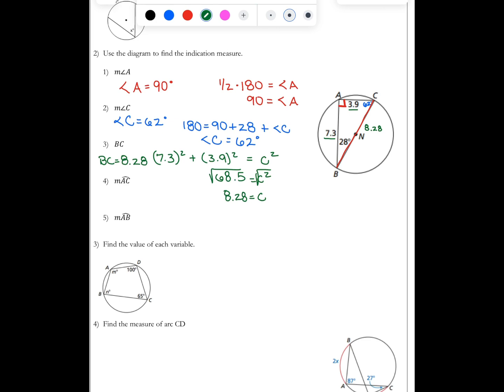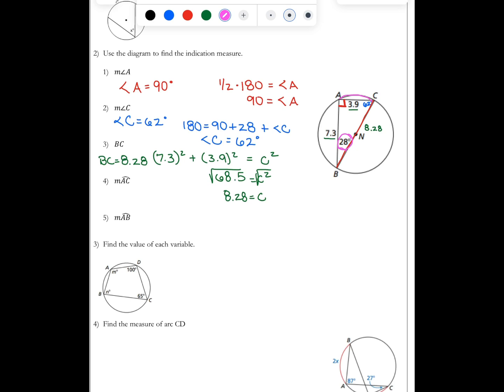Okay, number 4 wants us to find the measure of arc AC. Let's use pink for this one. We need to find this arc AC. Our angle that corresponds to this arc is this angle here, which is given to us as 28 degrees.